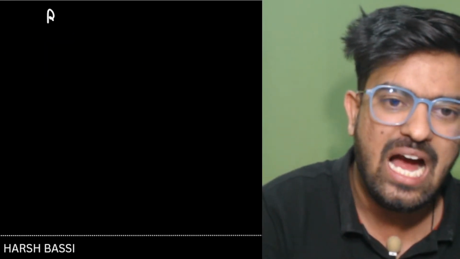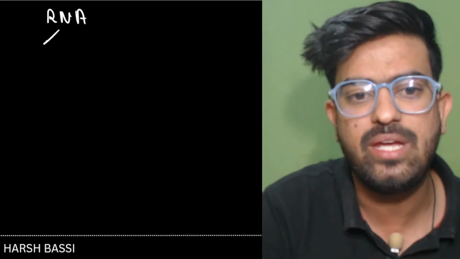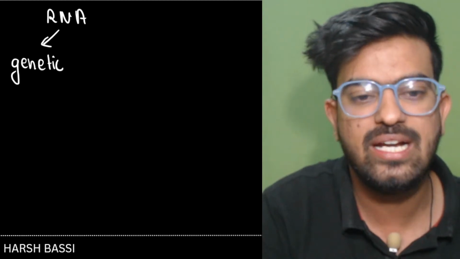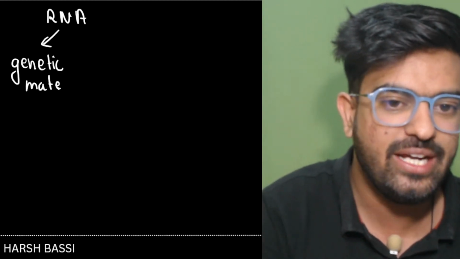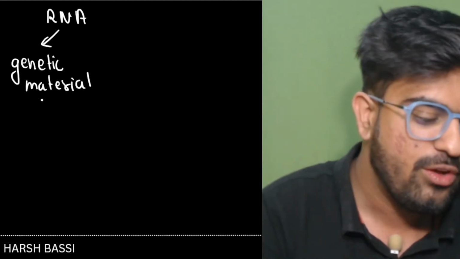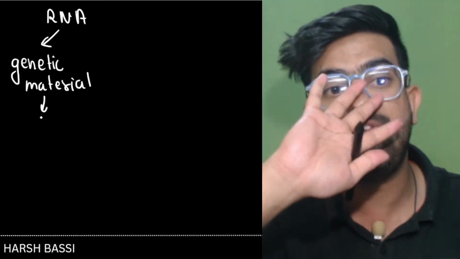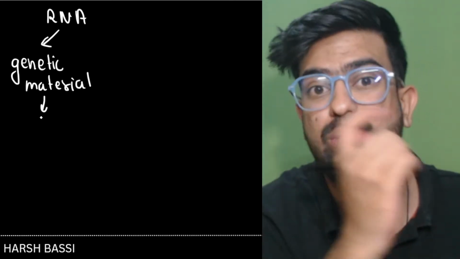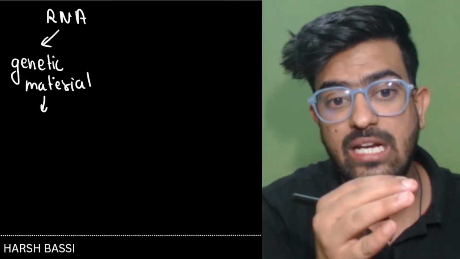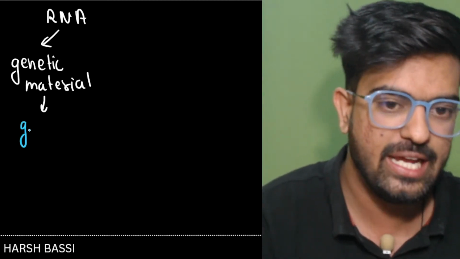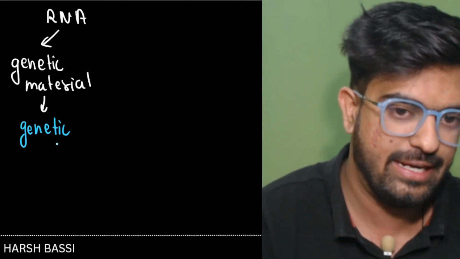Right? Now, we have seen that RNA in some cases is acting like a genetic material. So we say RNA as genetic RNA. We have given two categories of RNA. If the RNA is acting like a genetic material, we call it genetic RNA, okay?